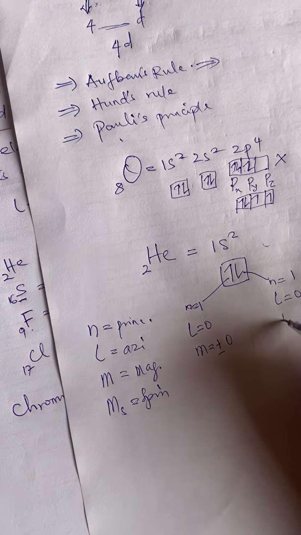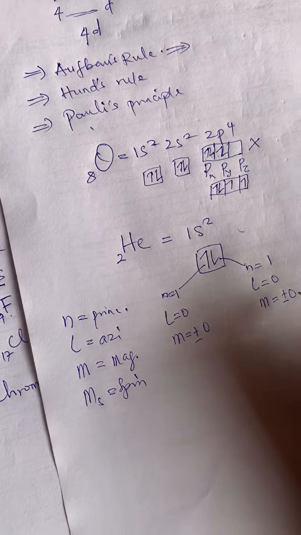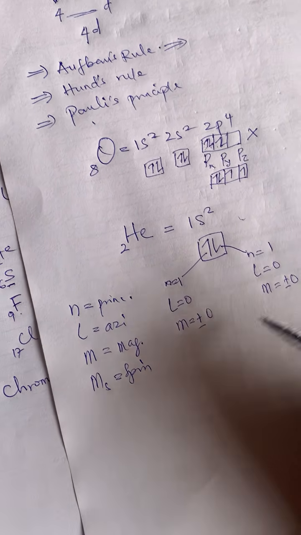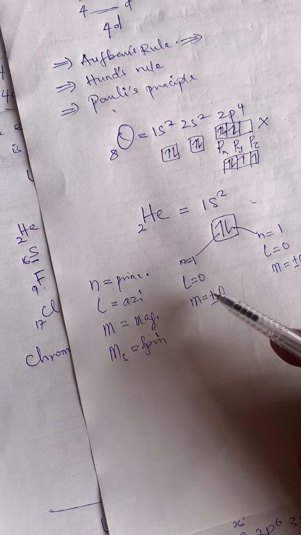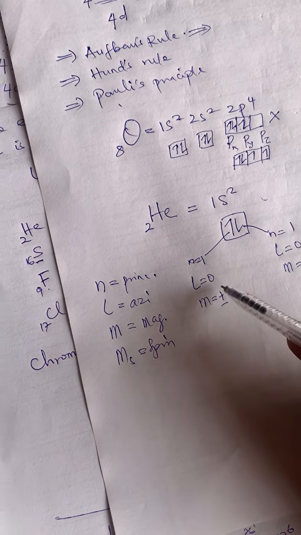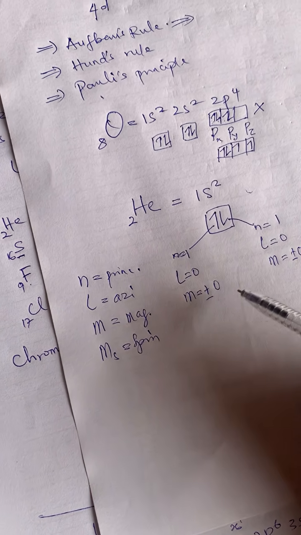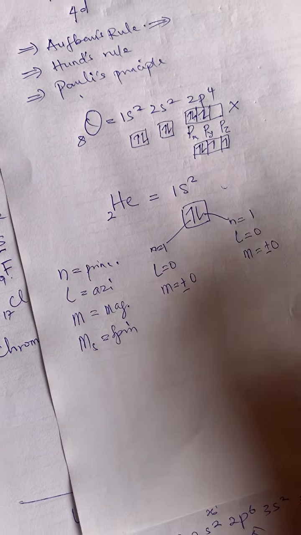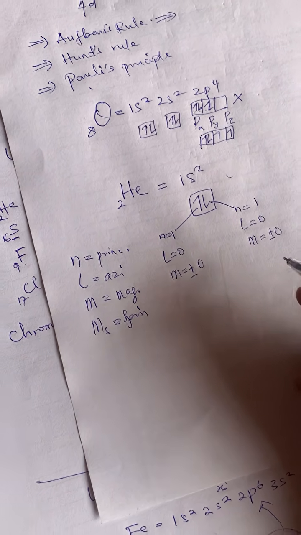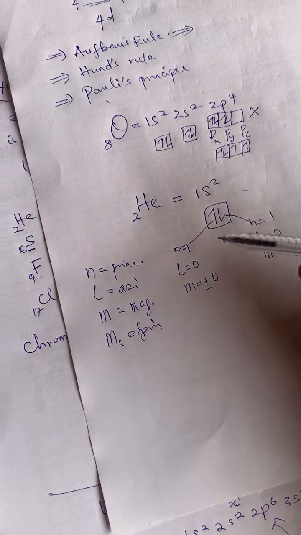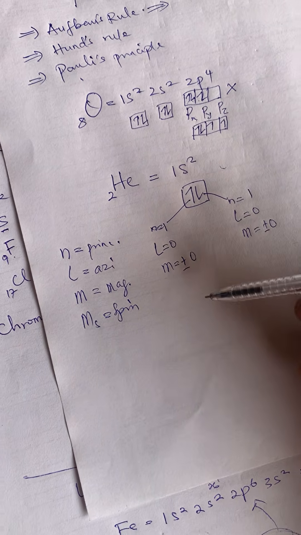In other words, there's just only one value for M, and it is given by whatever the L value is, plus or minus the L value. So you observe that they have all these 3 quantum numbers the same.